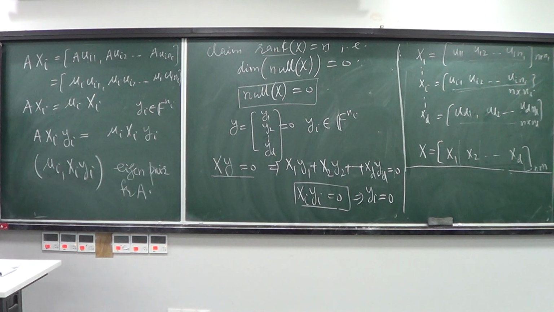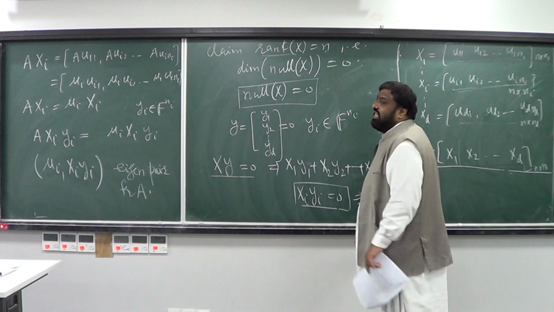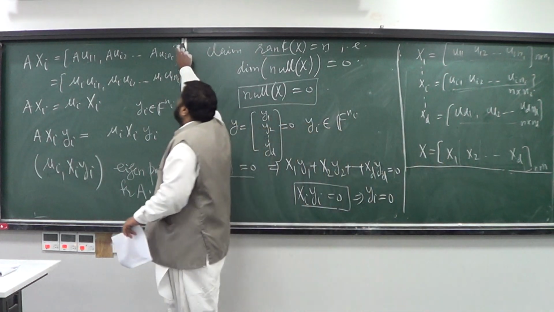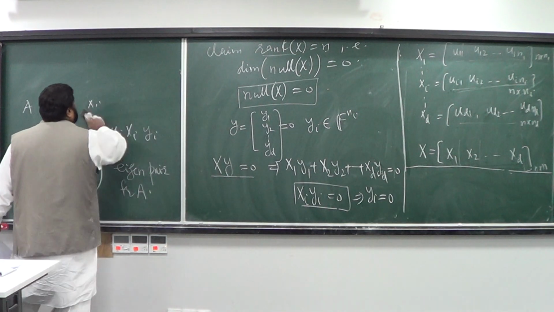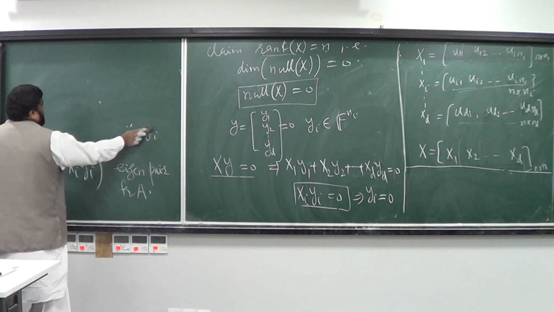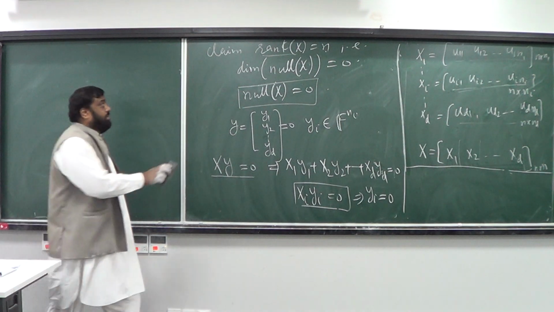So what is the net conclusion of this result? If you have a matrix in which all the eigenvalues have the same algebraic multiplicity and geometric multiplicity, then the eigenvectors associated with the matrix would constitute a basis.